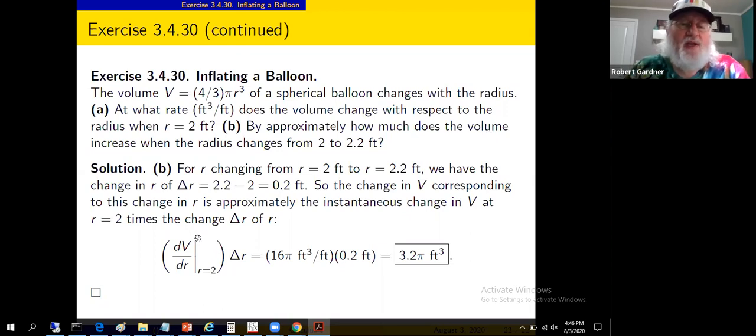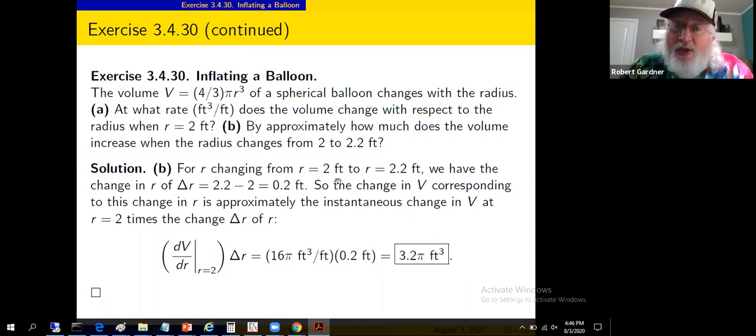The derivative of V with respect to r, evaluated at r equals 2, we just saw was 16 pi cubic feet per foot. We've got a change in r, delta r, of 0.2 feet.